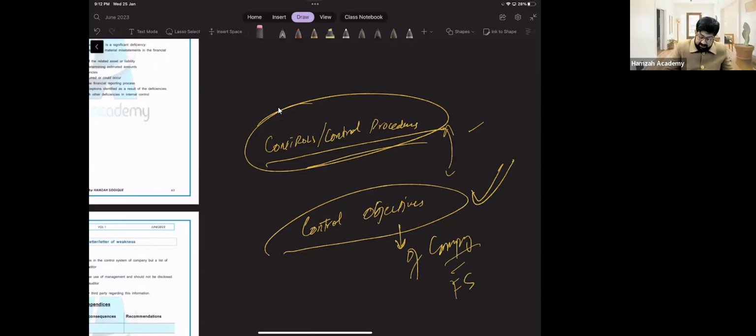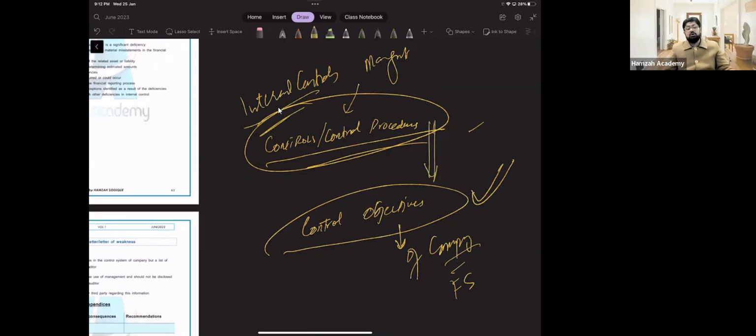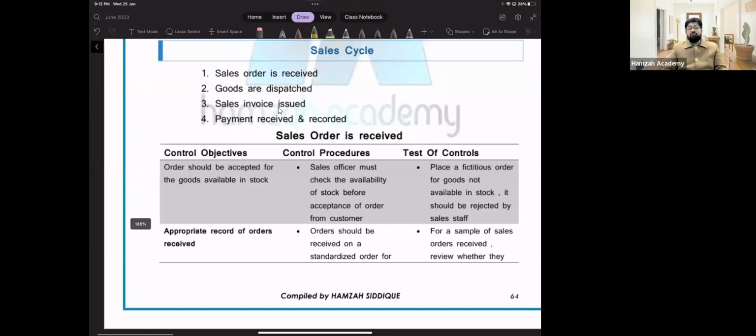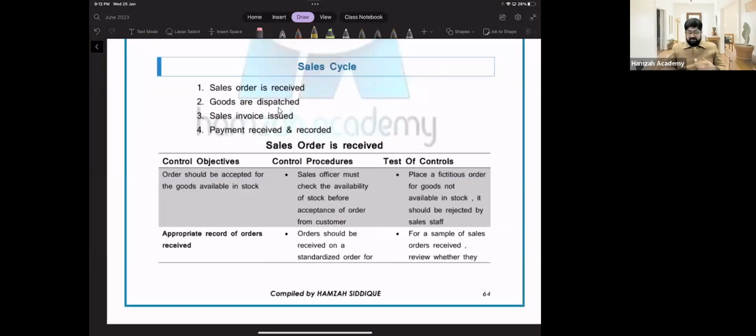And management implements controls, internal controls, to achieve these objectives. So we will be discussing different cycles. Third column, we will not be talking about it.